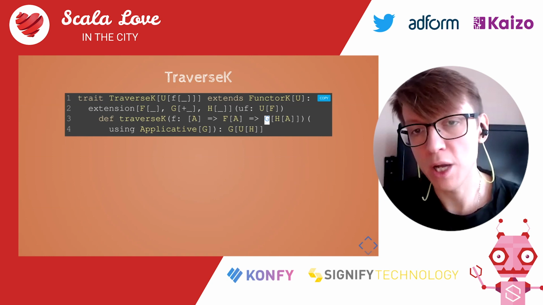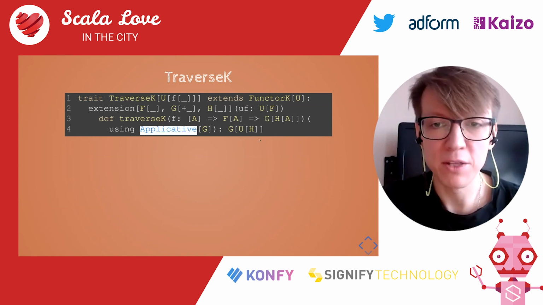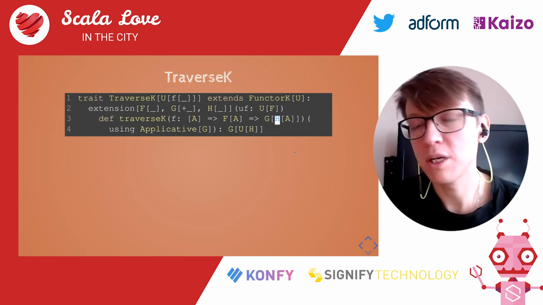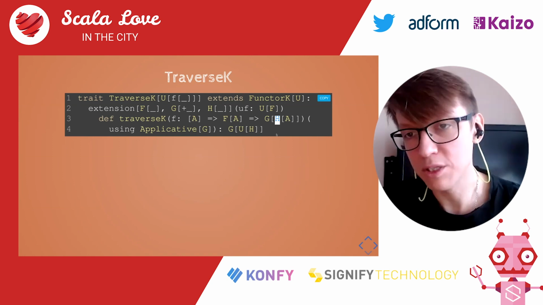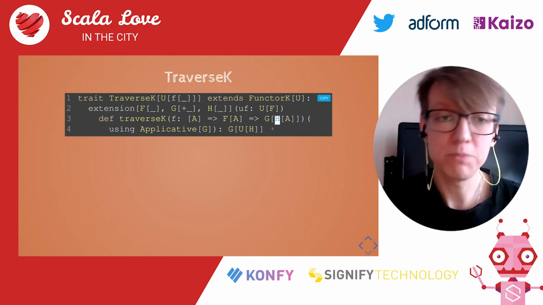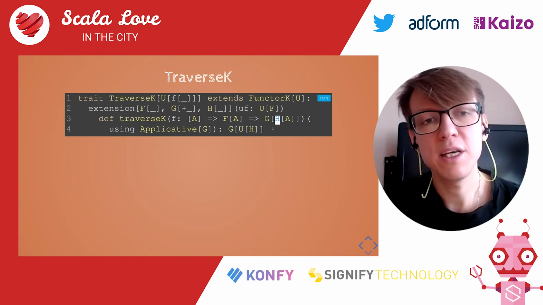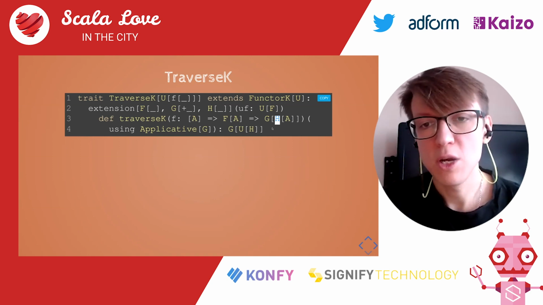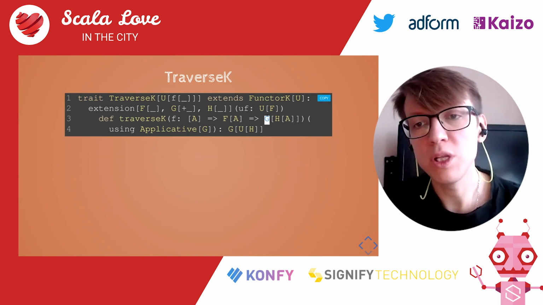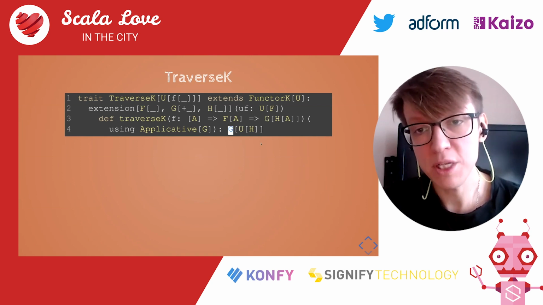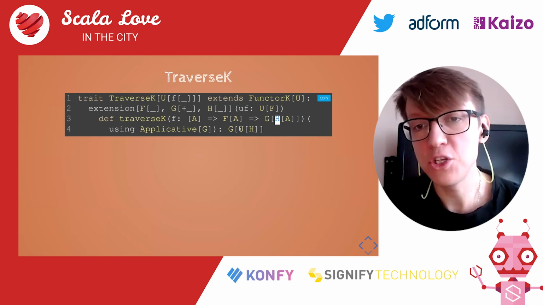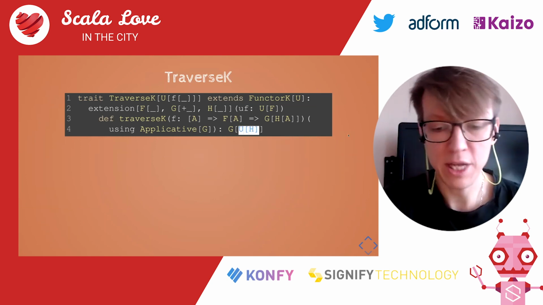The outer one should be an applicative functor, and the inner one could be an arbitrary data functor. And again, as in simple traverse, we guarantee that we will combine all the results of these G's elements, and we will leave H's inside our data structure.